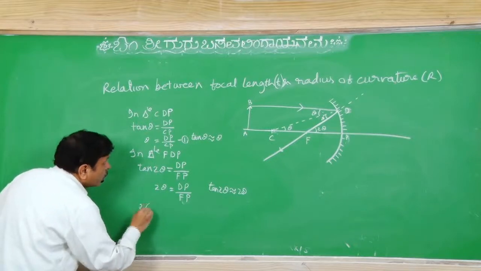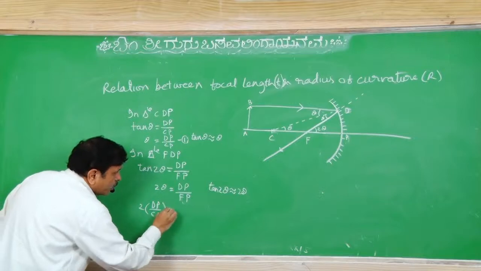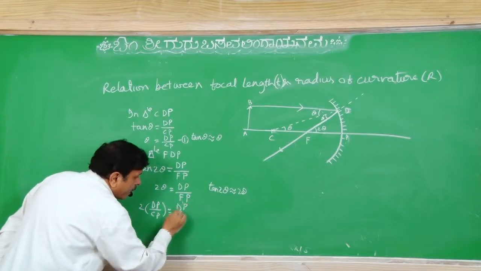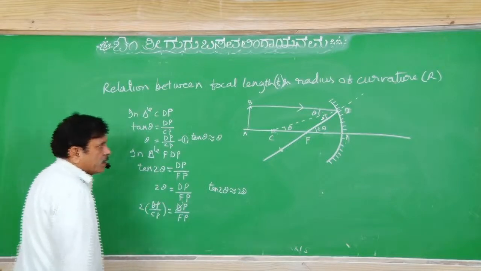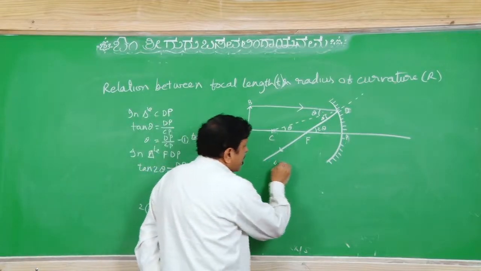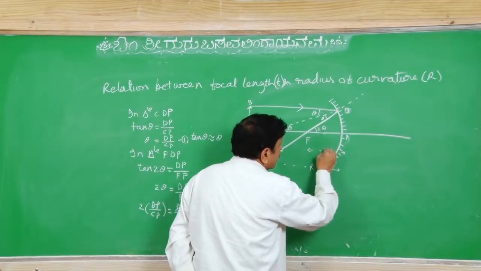So we get 2 into DP divided by CP is equal to DP divided by FP. Now DP cancels. We know that the distance from pole to center of curvature is called R, and the distance from pole to focus is called f.